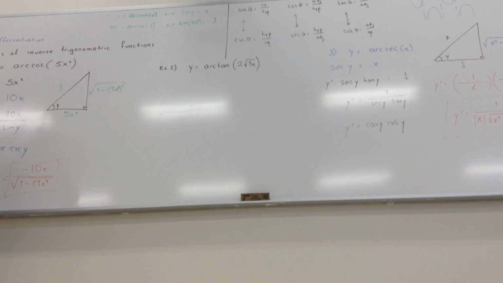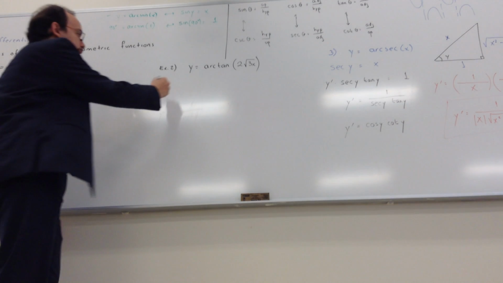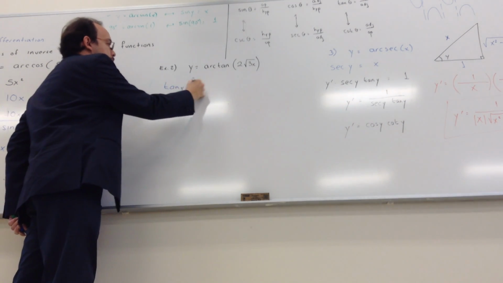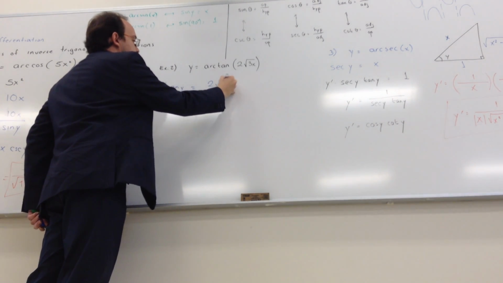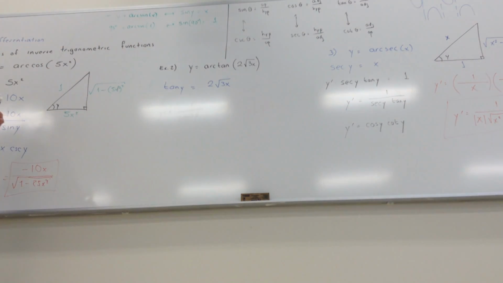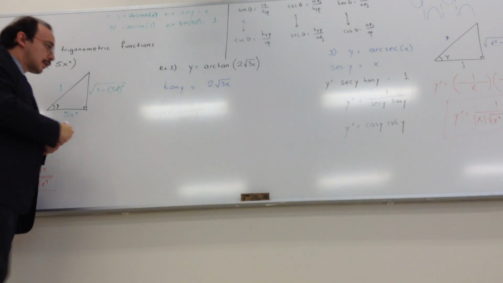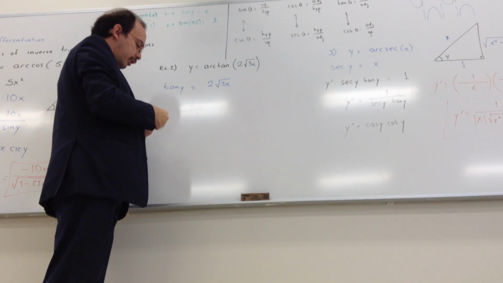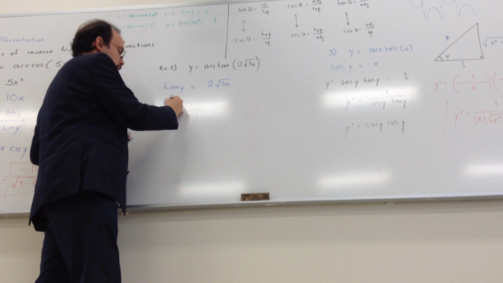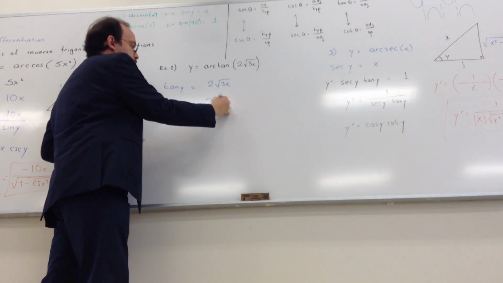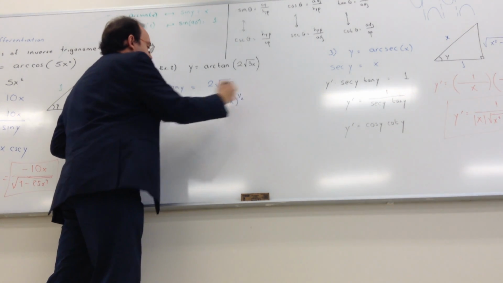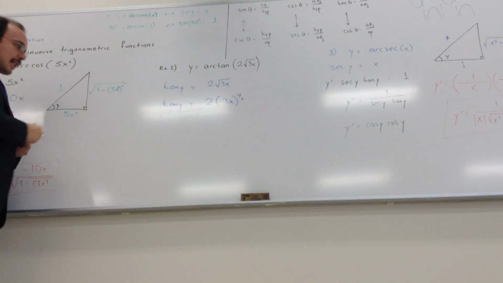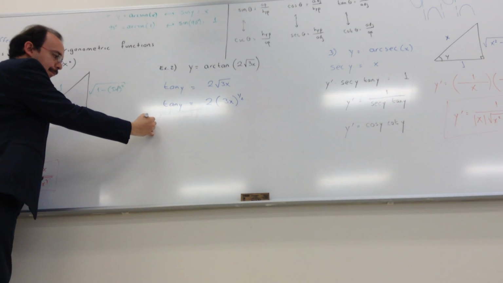Okay. Fine. This one, what do I do? Y, tangent of y equals 2 square root of 3x. Then derivative. Yeah, well, we can rewrite that if you want to, the 1/2. Derivative.